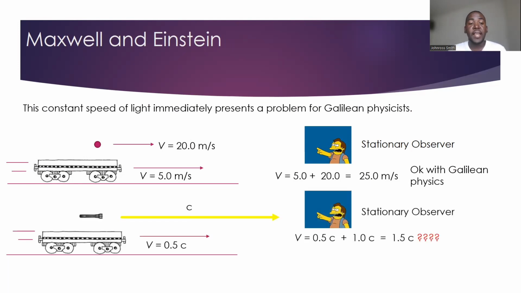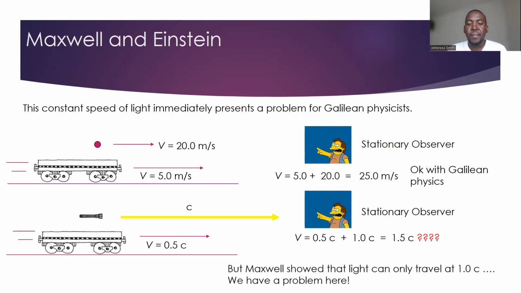Now, if we look at light traveling, and we have the train traveling at half the speed of light, then would our stationary observer actually record the speed of this event as the sum of the speed of light and half the speed of light of the train? Maxwell showed that light can only travel at one speed, which is c, 3 times 10 to the 8.